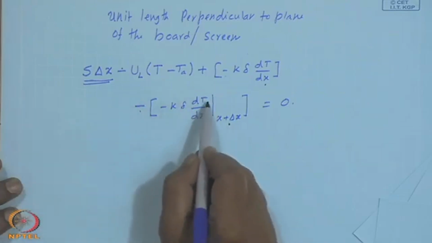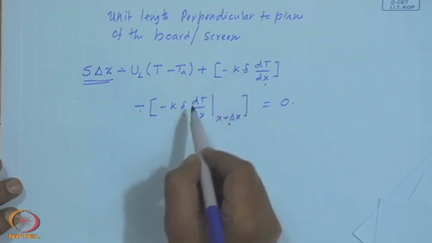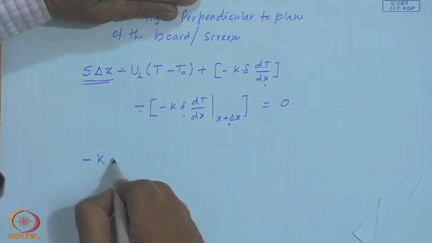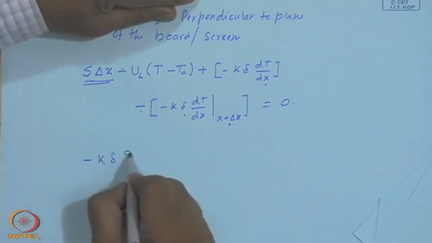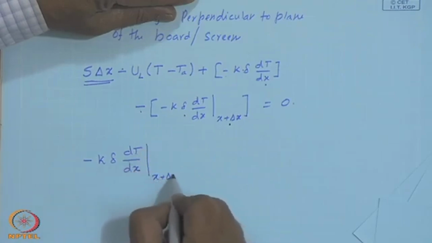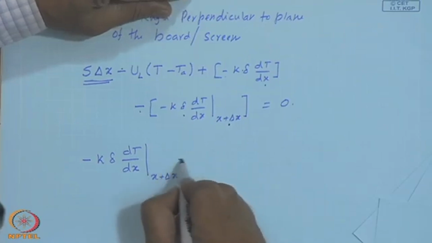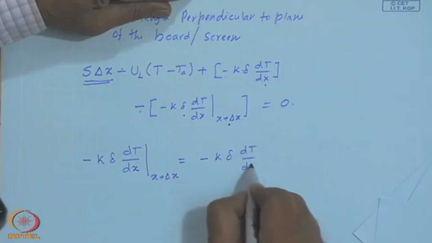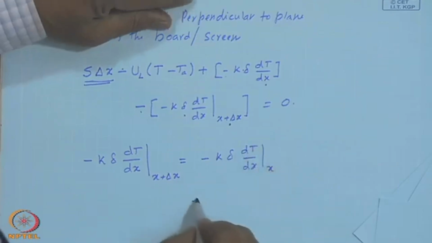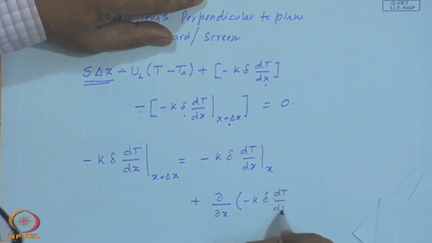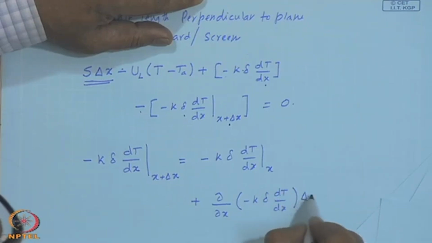Now, the gradient of dT by dx is going to take care of whether this is positive or larger, this is smaller, etc. Minus k delta dT by dx at x plus delta x is equal to minus k delta dT by dx at x plus d by dx of minus k delta dT by dx into delta x.